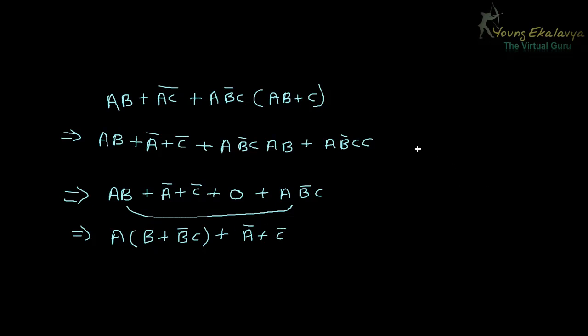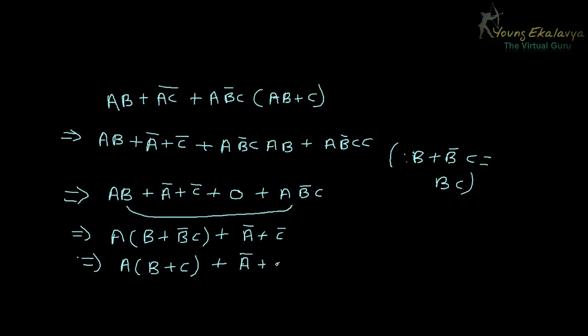Now in the previous problem I said this B plus B bar C results in B plus C. Always remember this one. I said it earlier, but still remember this. So this gives us A into B plus C, plus A bar plus C bar.